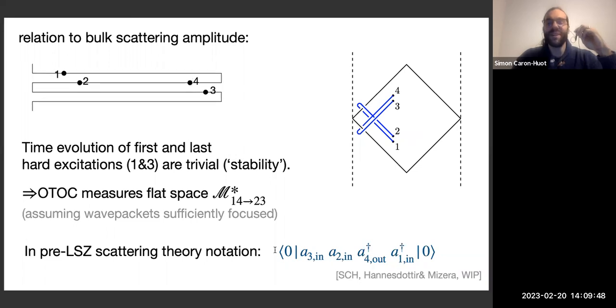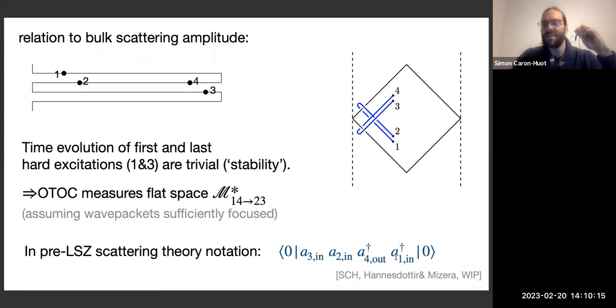Actually, this is a side comment, but there's something that's fun and you can actually do even in flat space. If you look at old papers from S matrix theory, like from the 50s, before people internalized the LSZ reduction formula, people were thinking about in and out states kind of axiomatically. You can create and annihilate in states, create and annihilate out states. And in this language, what we're doing here is actually very natural.